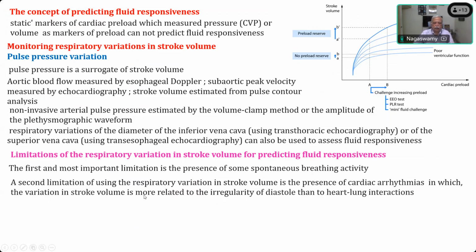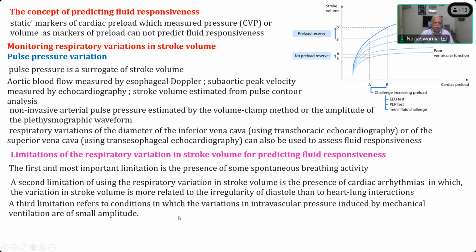The second limitation: if there is a cardiac arrhythmia, this will not reflect the correct response. So variations in stroke volume are more related to irregularity of diastole than heart-lung interactions, which is the major basic point on which we assess this particular response.